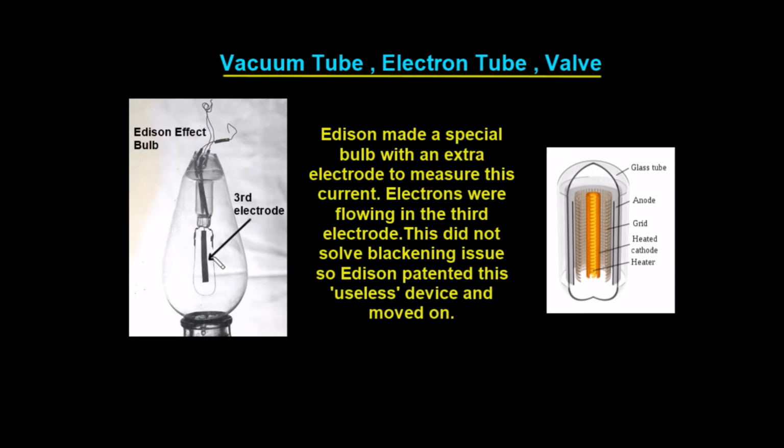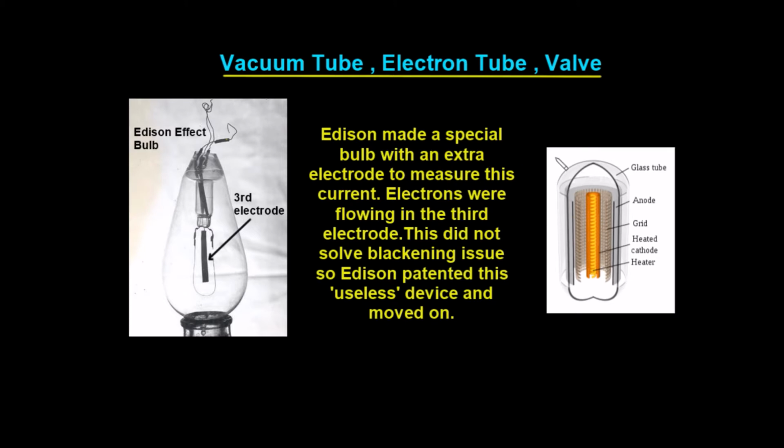Now this extra electrode didn't prevent the blackening of the inside, but Edison recognised it as having potential, and he in fact patented this device. So what he had stumbled on was the beginnings of the first electric valve, or if we like, electric amplification.